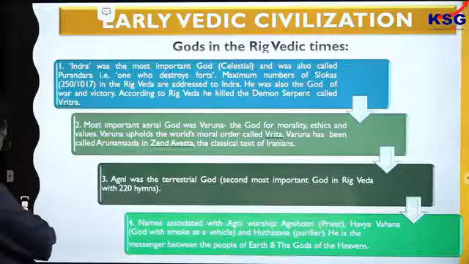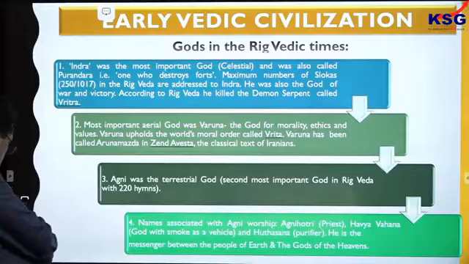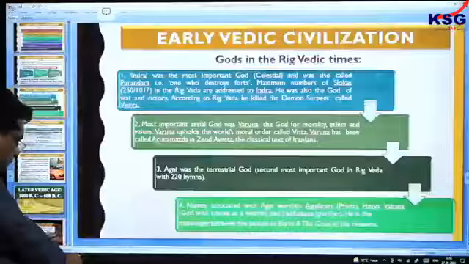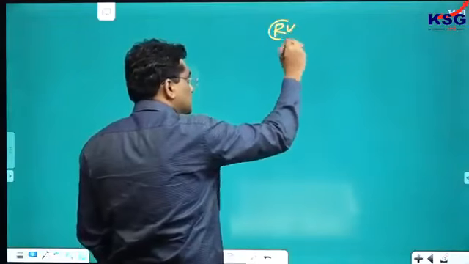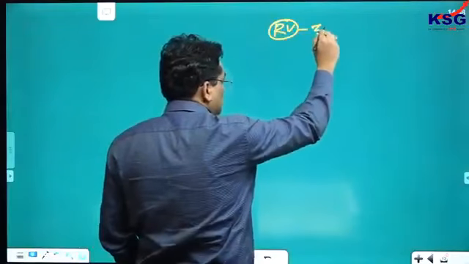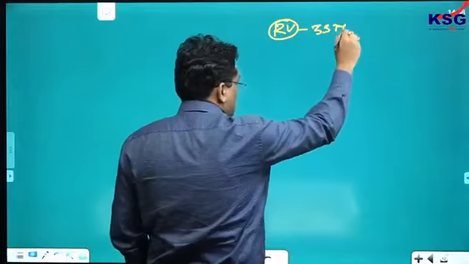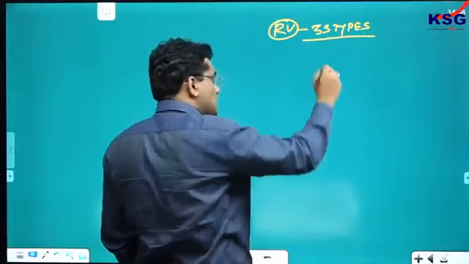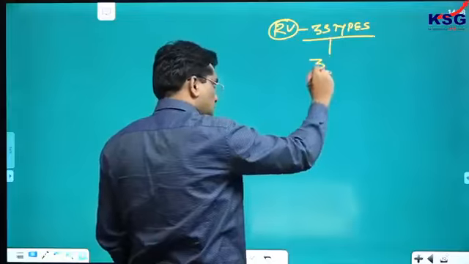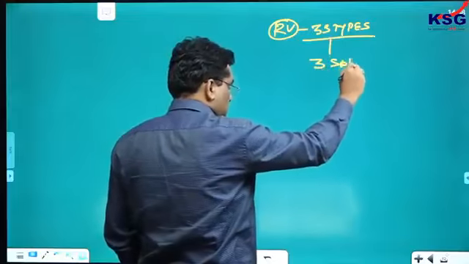So according to Rig Veda, there are 33 types of God, divided in three spheres.